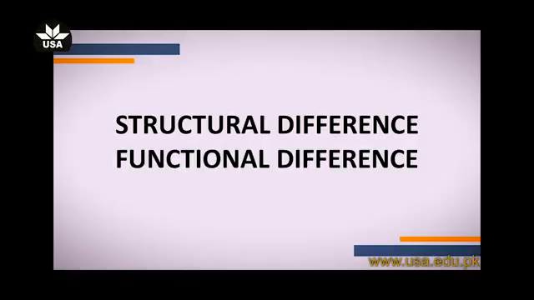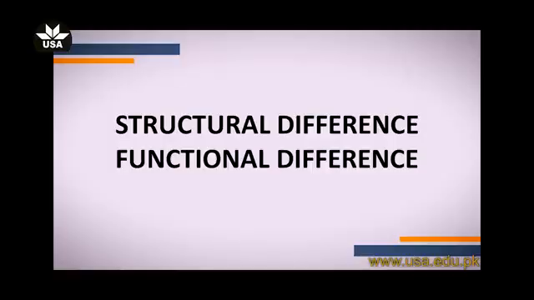Let us understand the structural difference of the hemoglobin. In adult hemoglobin, the globin contains 2 alpha chains and 2 beta chains. In fetal hemoglobin, there are 2 alpha chains and 2 gamma chains instead of beta chains. Functional differences.